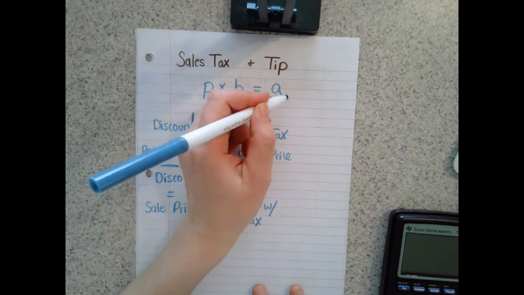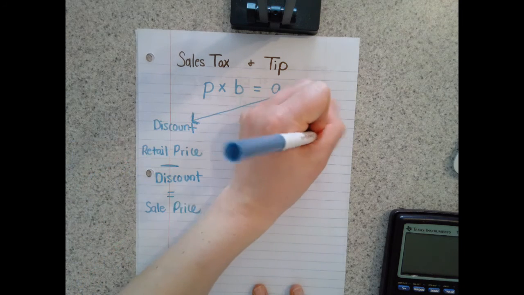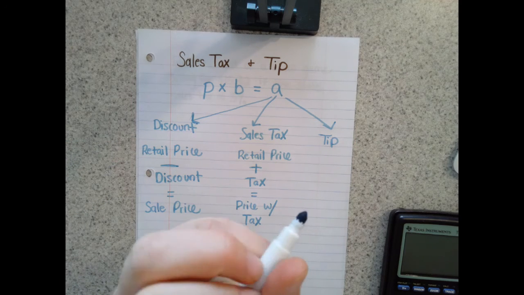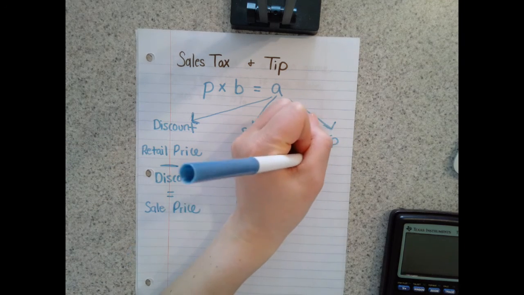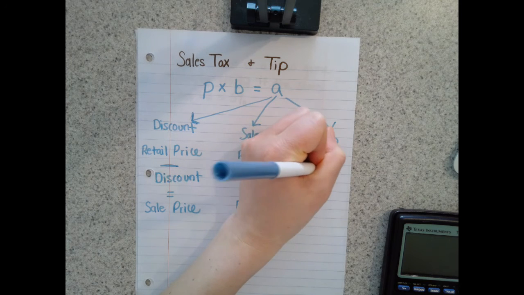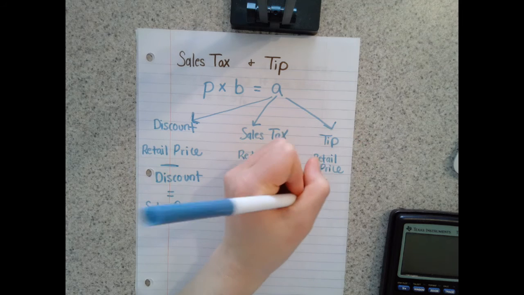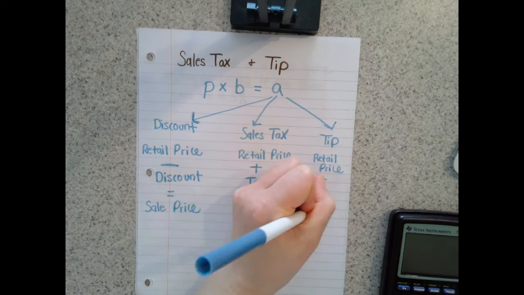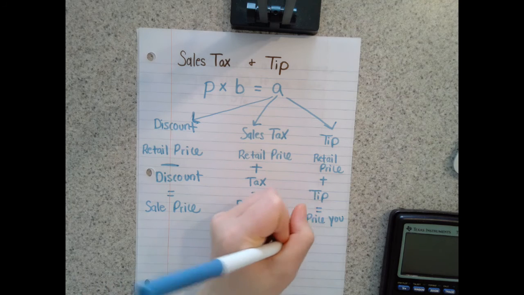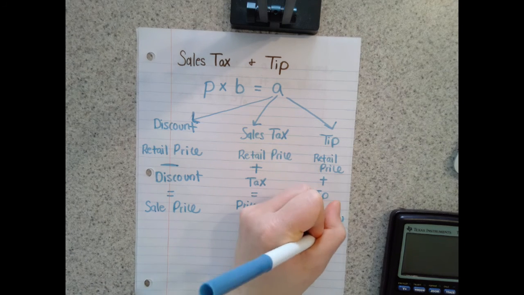The part could also represent a tip. You take the retail price or the original price and you add on a tip, and that's going to equal the price you pay with tip.